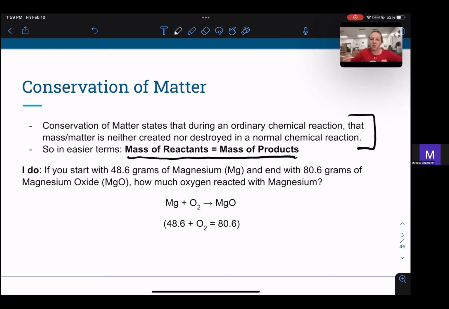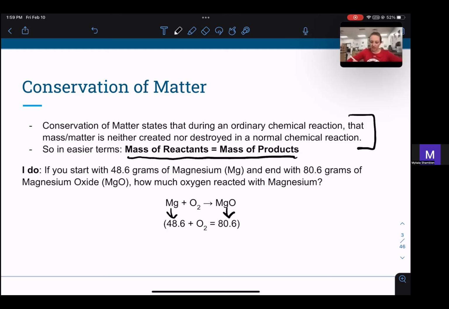Okay, so here's how this works. We're going to plug in the 48.6 for our magnesium value like we did here. So we have that value plus our grams of oxygen, which for my algebra people, this is my X now, right? That's the variable we're going to solve for, equals the 80.6 grams of magnesium oxide, which we plugged in right there.